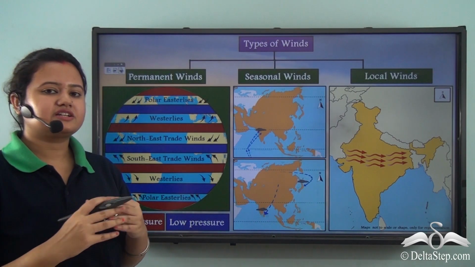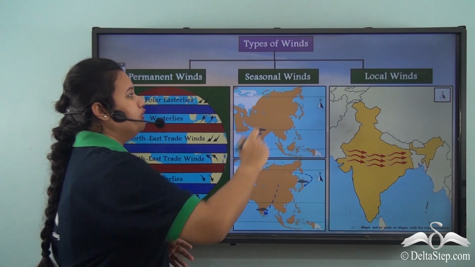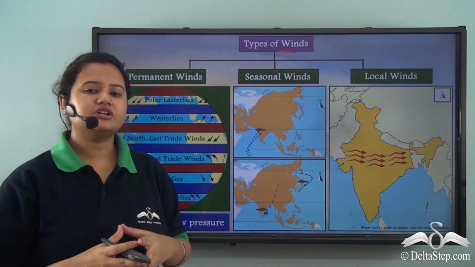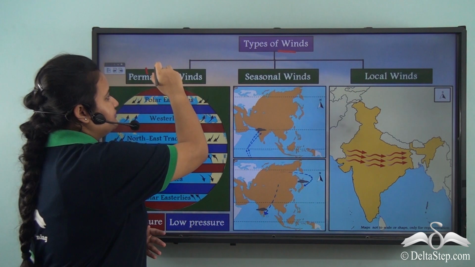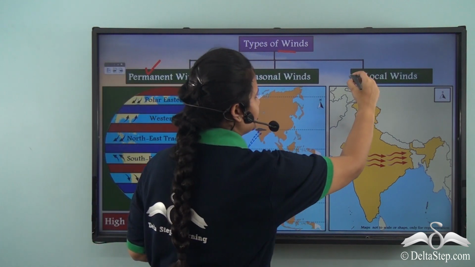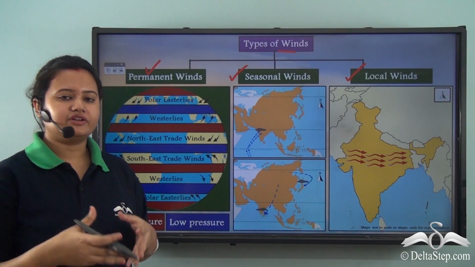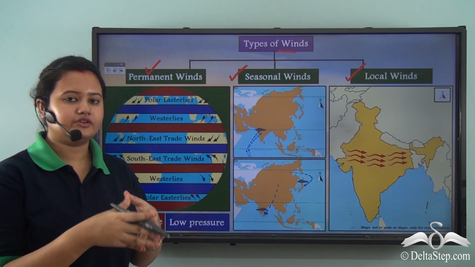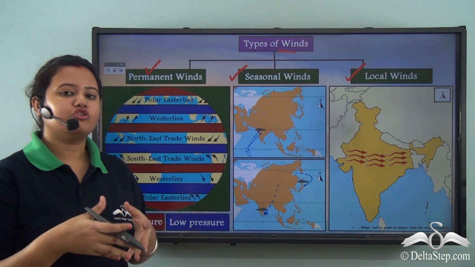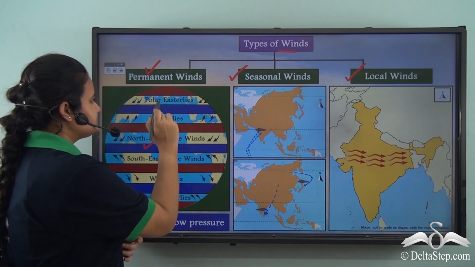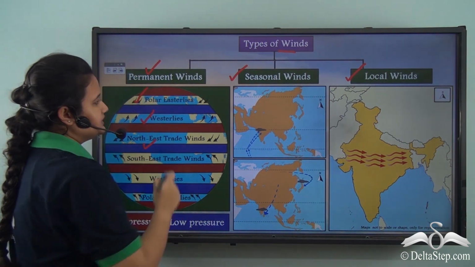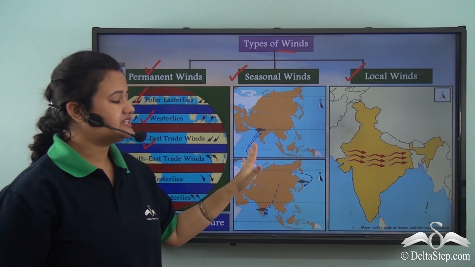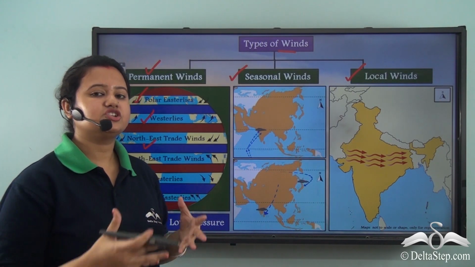So we discussed different types of winds, and the major types of winds are permanent winds, seasonal winds and local winds. Well, permanent winds, as discussed earlier, follow a specific direction throughout the year. Now, some examples of permanent winds are trade winds, westerlies and polar easterlies. Now, unlike permanent winds, seasonal winds change their direction seasonally.